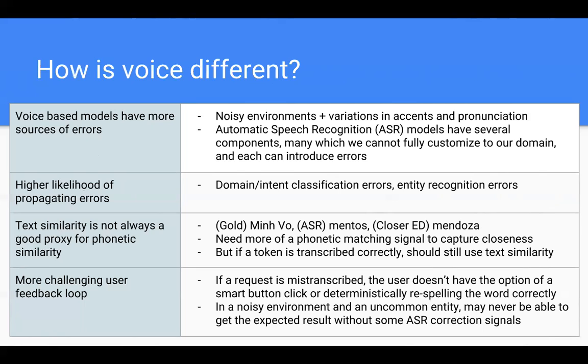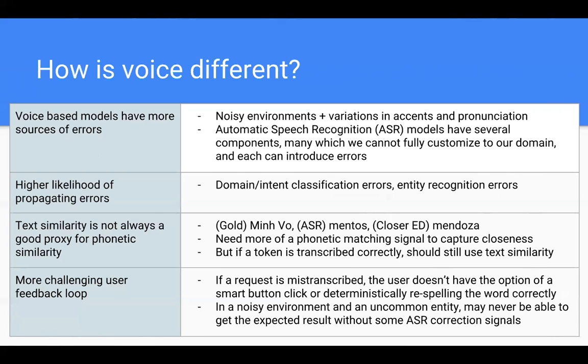The ASR transcribes that into Mentos. And if you just use typical edit distance, Levenshtein or whatever, Mendoza would match closer to Mentos than Minh. And so you don't want to really use character edit distance most of the time. You want to use other phonetic matching signals to capture this closeness. And we'll be talking about that more in the latter half of the presentation.